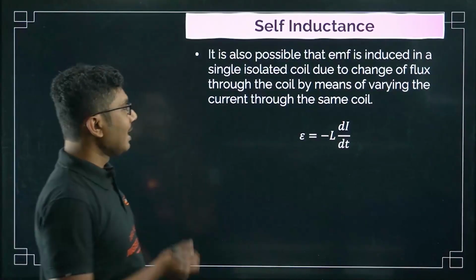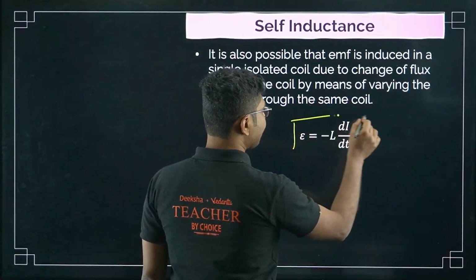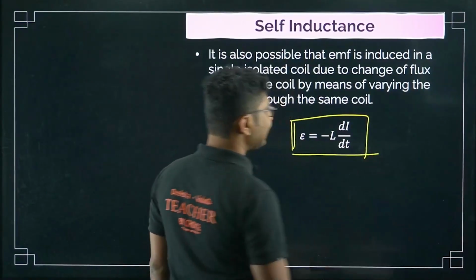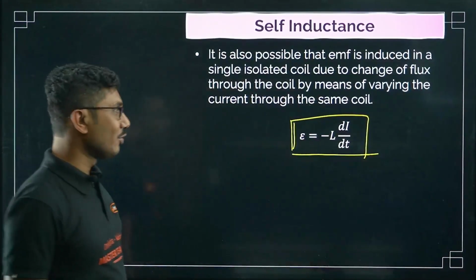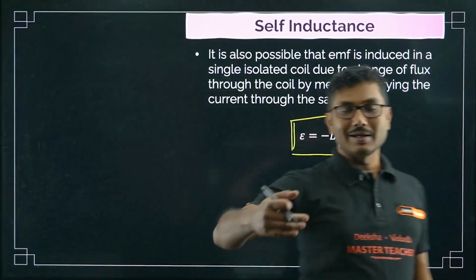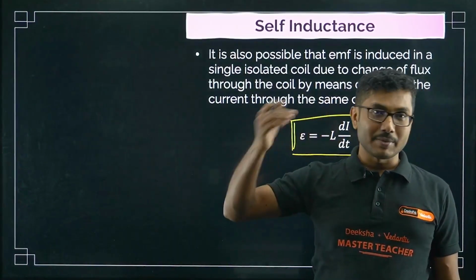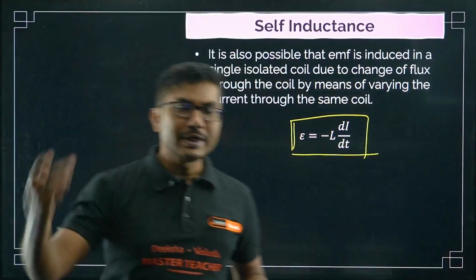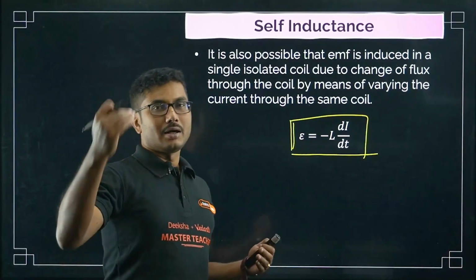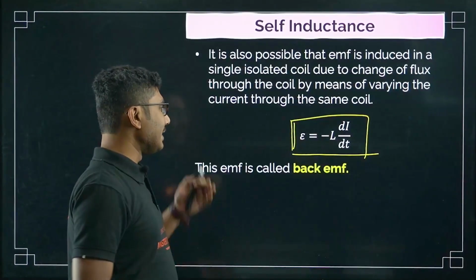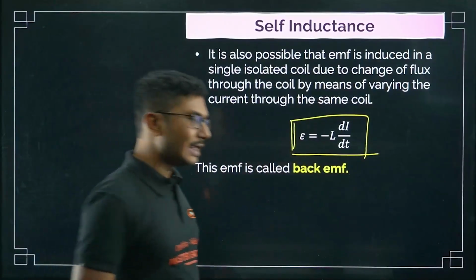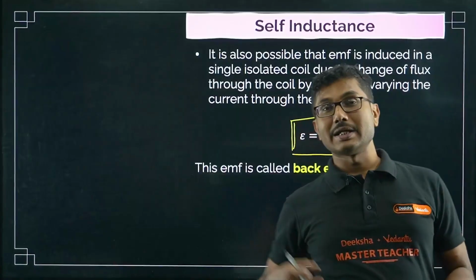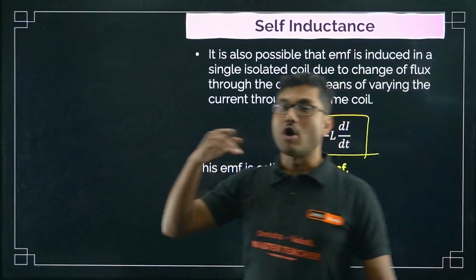Faraday's law can be written as epsilon is equal to minus L di by dt. So you are applying an external electric source, and there is an internal EMF source which is actually opposing the applied source. That is why it is called a back EMF. It tries to send current in the opposite direction of the original source.